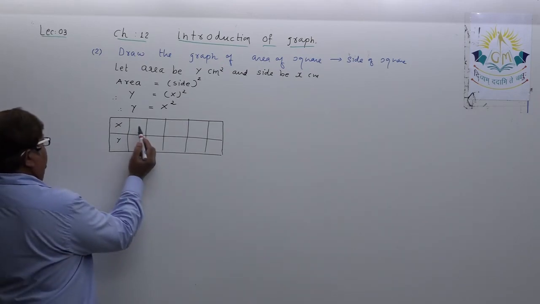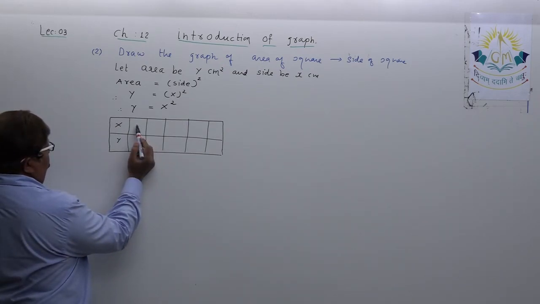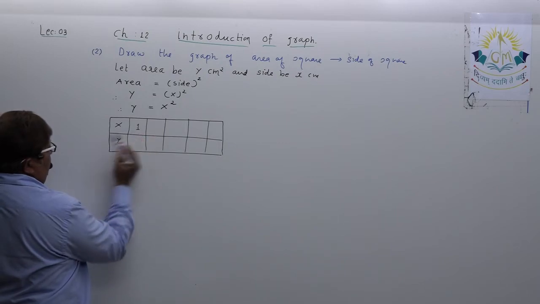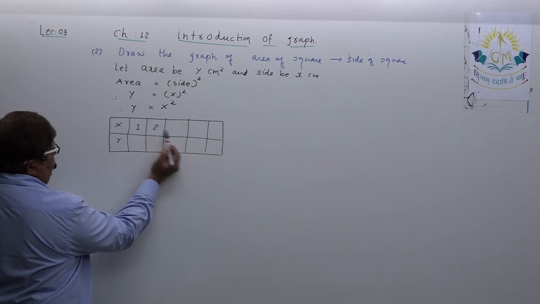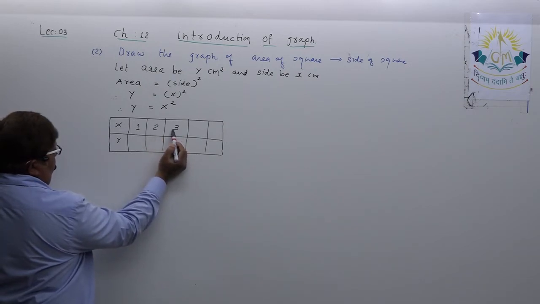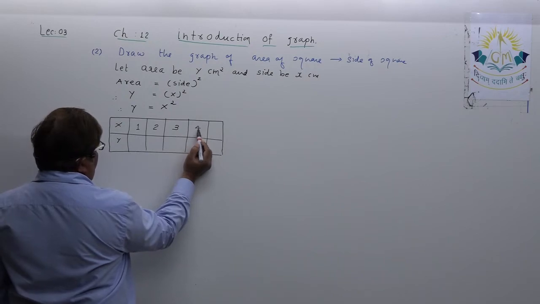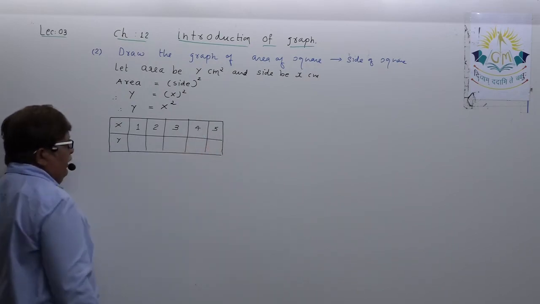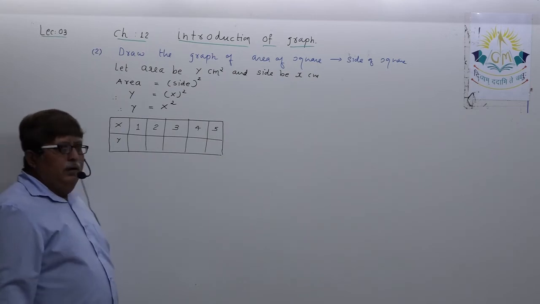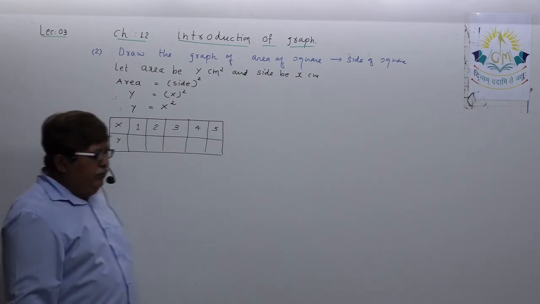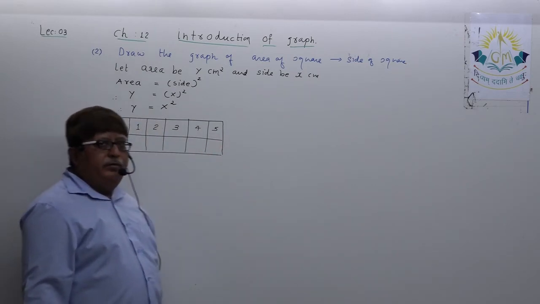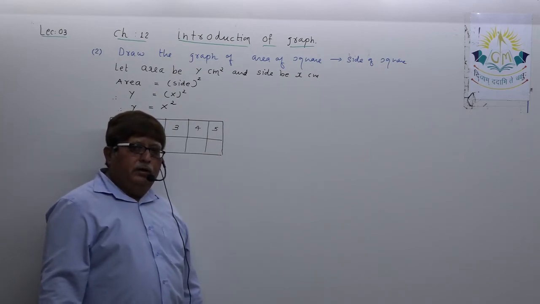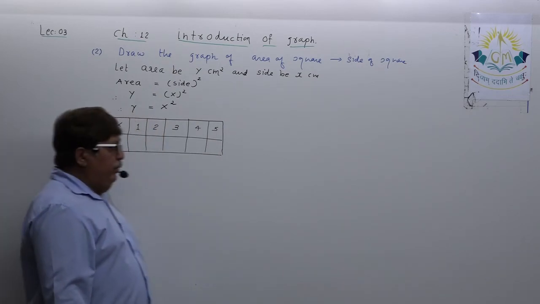In x you can take any measurement, dear student: 1, 2, 3, 4, and let me take 5 also. You have to take positive values, that you all know. Negative values have no chance here because these are measurement examples of graph where negative values cannot be taken.